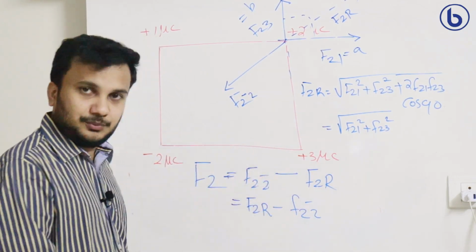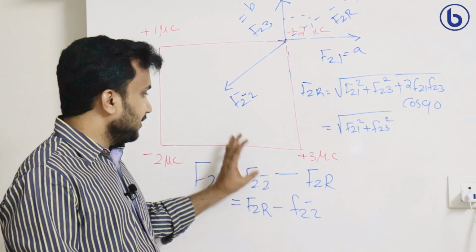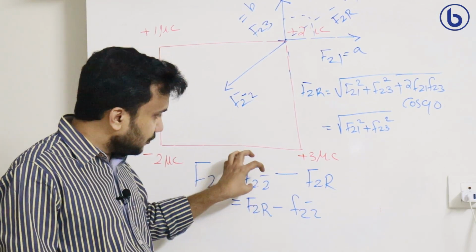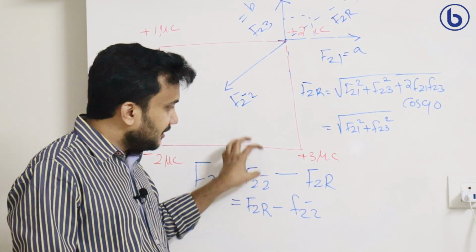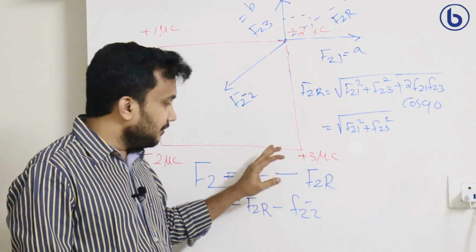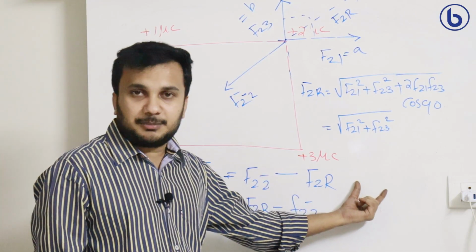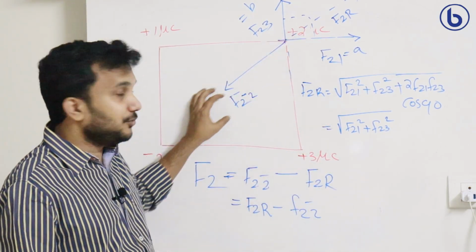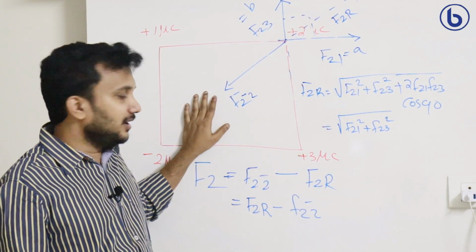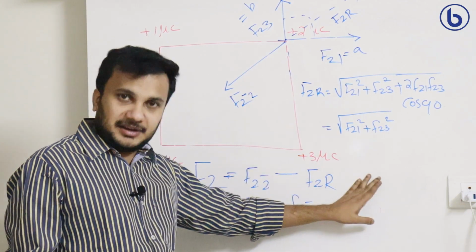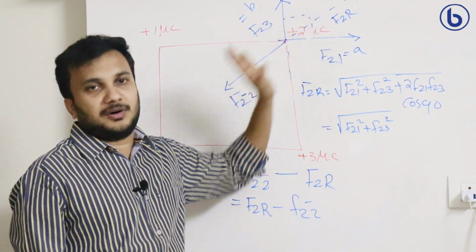If a lower value is subtracted from the higher value, you get a positive number, and it will be in the F22 direction. In the other case, if you get a negative number, it is in the F2R direction.